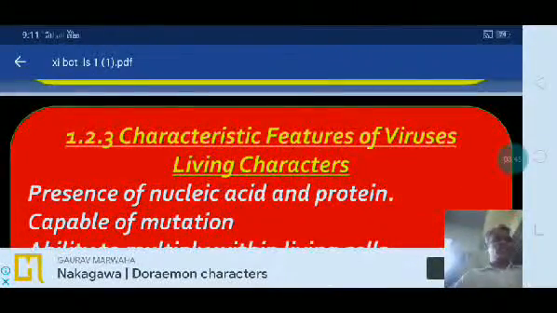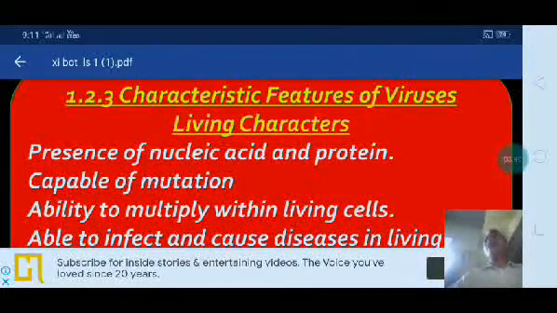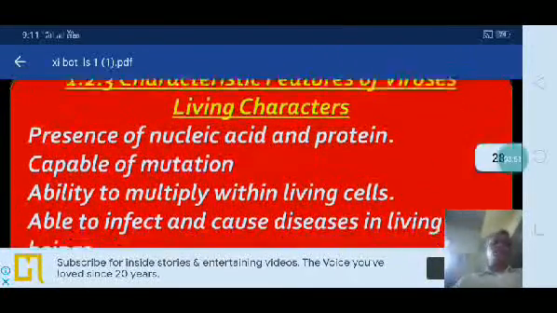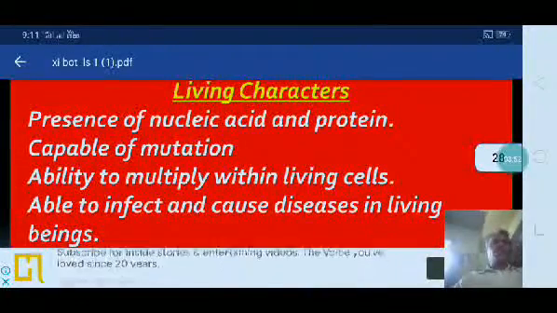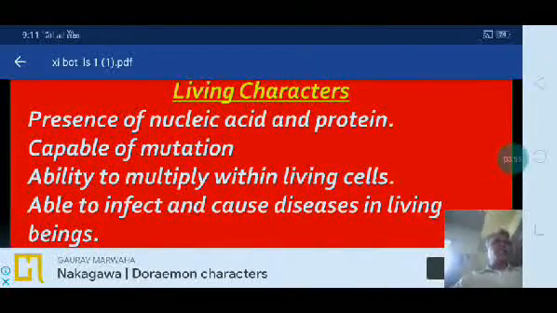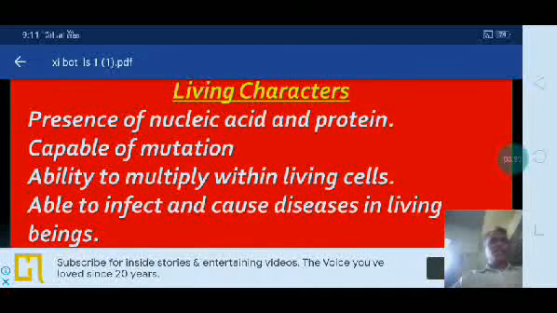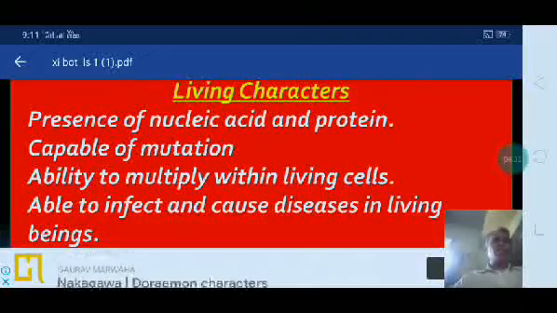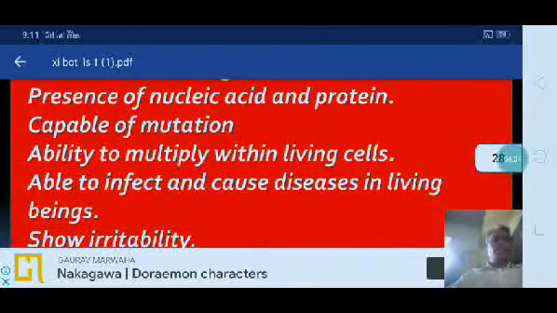Then characteristic features of viruses: living characters and non-living characters. First is the presence of nucleic acid and protein. In a virus, nucleic acid is present, that is DNA or RNA, most probably RNA, and protein coat is also there. Capable of mutation, it also has mutation capacity.